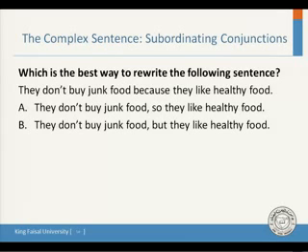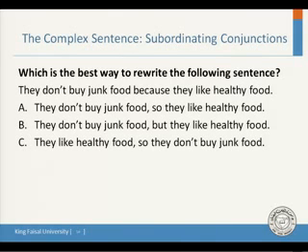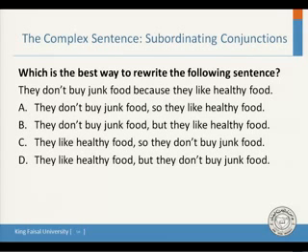It is clear that B is not the right answer, because but and because don't give the same meaning. They like healthy food, so they don't buy junk food. Now think about this sentence also. They like healthy food, but they don't like or buy junk food. Now B and D are incorrect because we have but in these two sentences.